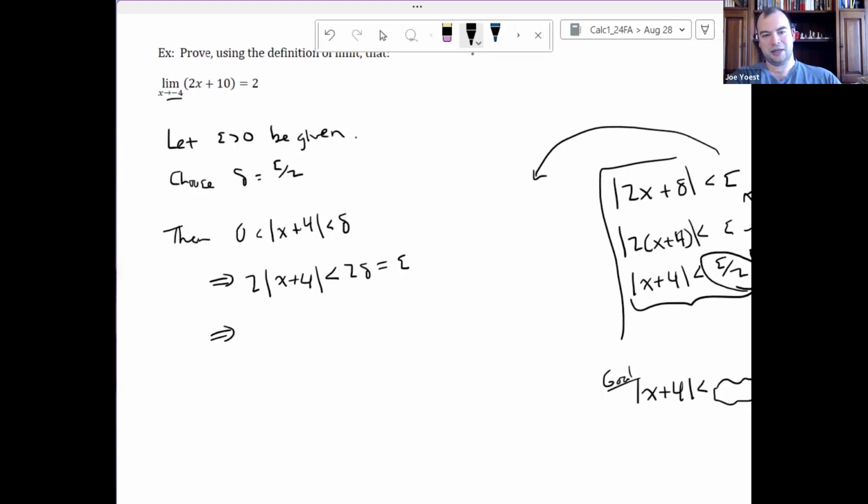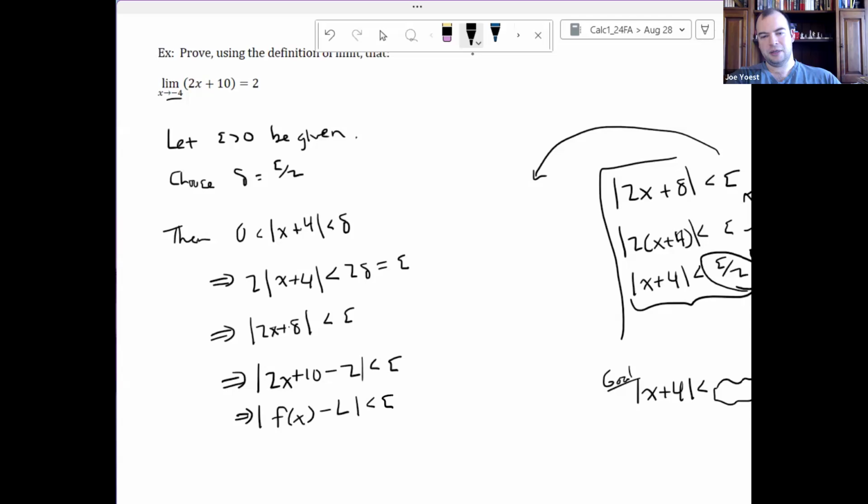This implies that absolute value of 2x plus 8 is less than epsilon, implies that absolute value of 2x plus 10 minus 2 is less than epsilon, or in other words, absolute value of f of x minus L is less than epsilon. And we've proven our limit this way.